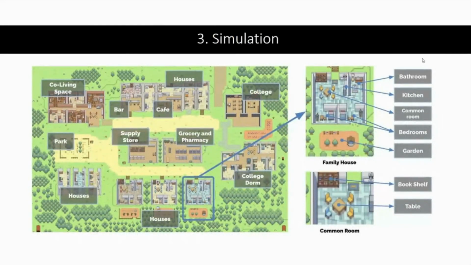Then third is simulation. It's similar to digital twins, but these simulations are more about epidemiology simulation. For example, this is not a healthcare use case, but I want to share the simulation that people did with ChatGPT. They created a town in a game, and each character inside has ChatGPT-powered memory.